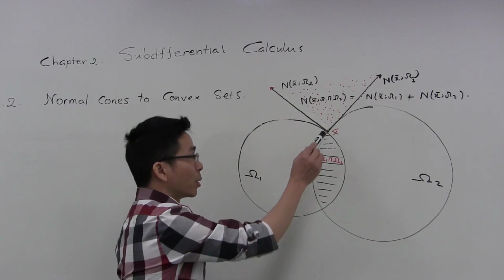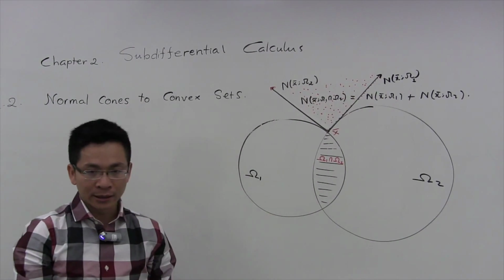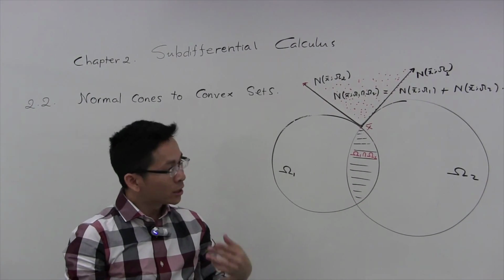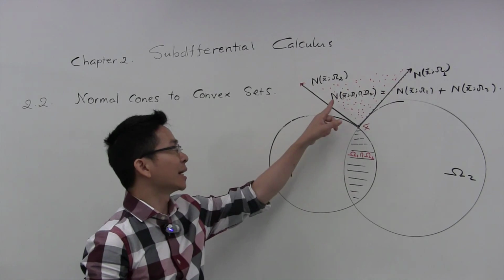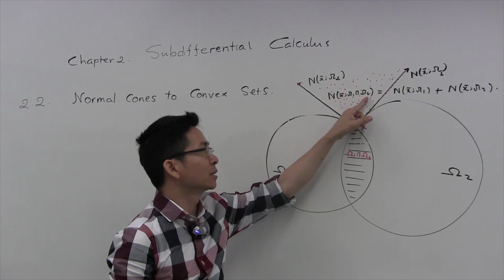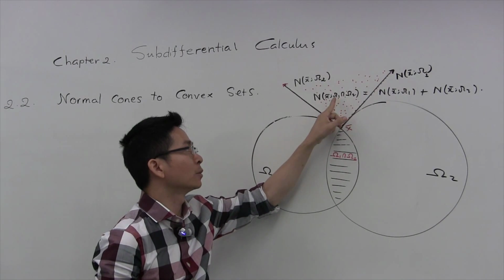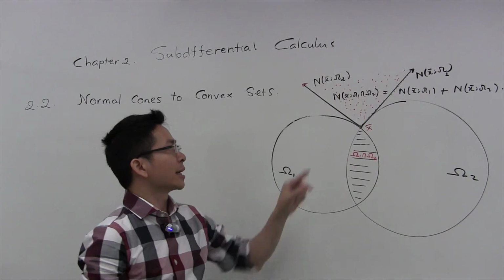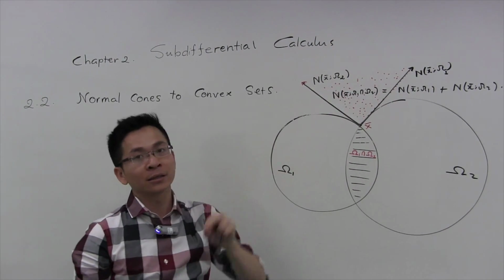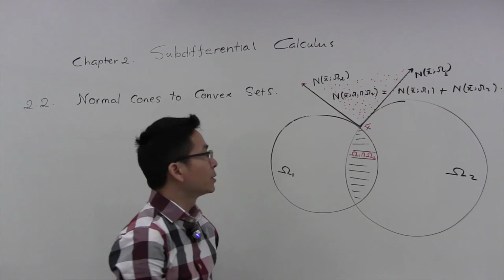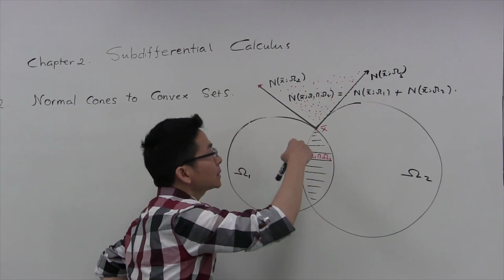Now, if we take a point x bar in the intersection of omega 1 and omega 2, we are wondering how to represent the normal cone to the intersection of omega 1 and omega 2 at x bar in terms of the normal cone to the set omega 1 at x bar and the normal cone to the set omega 2 at x bar.